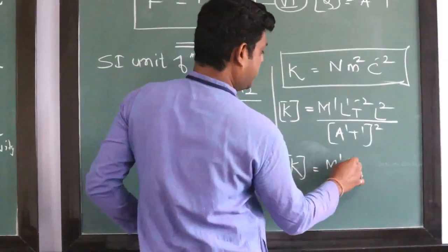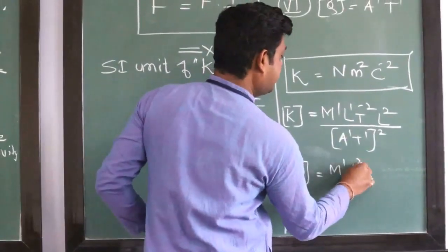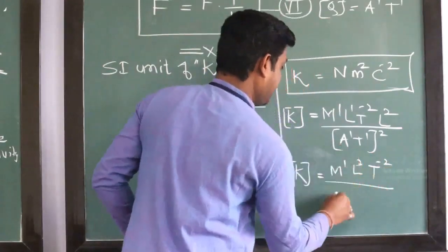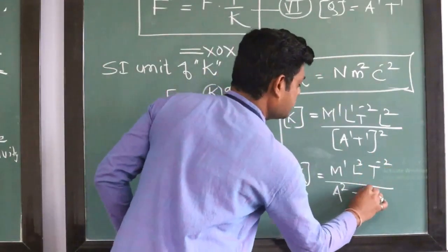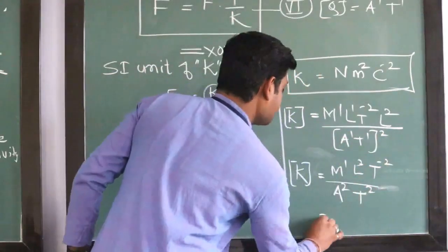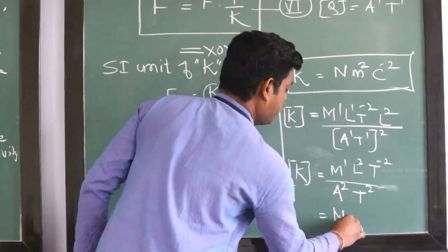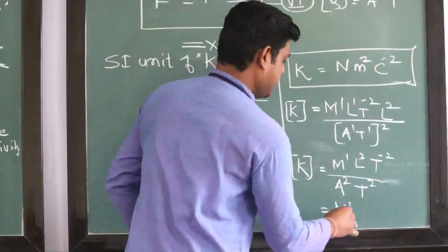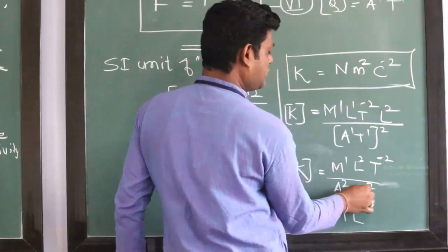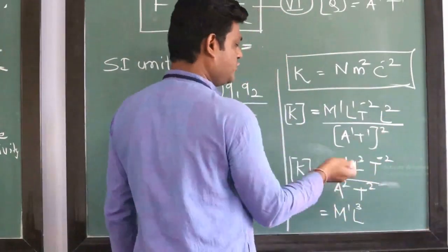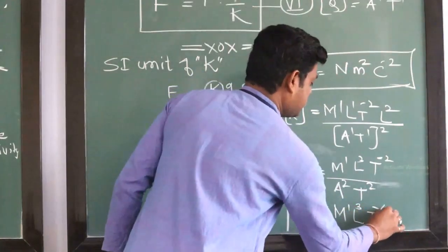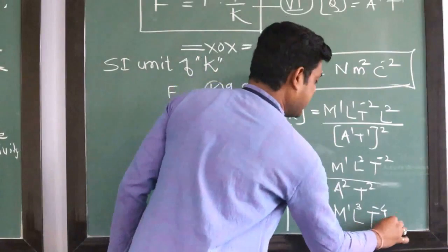The dimensional formula for K becomes M raised to 1 L raised to 3 T raised to minus 2 divided by A raised to 2 T raised to 2. Now, taking the terms to the upper side, M raised to 1 and L raised to 3 remain as they are. T raised to minus 2, and this T raised to 2 becomes T raised to minus 2 when it comes upward, so it becomes T raised to minus 4, and A raised to minus 2.